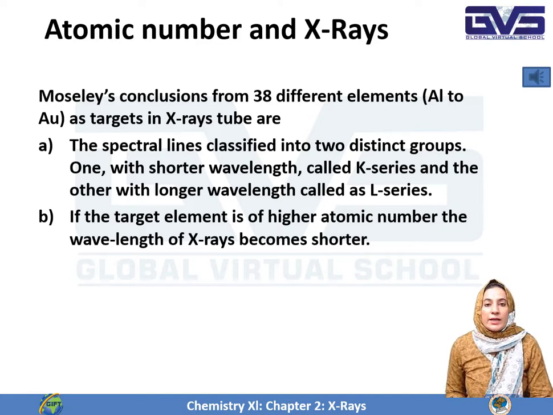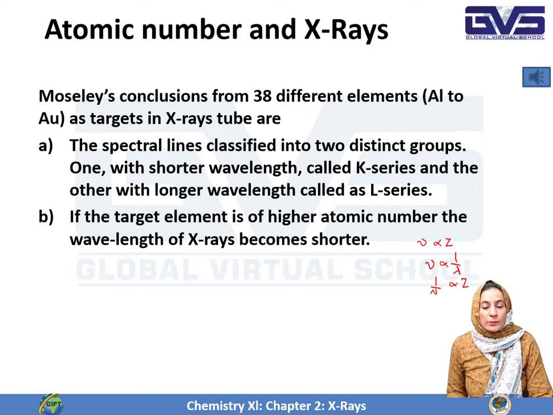If the target element is of higher atomic number, the wavelength of the X-rays becomes shorter. You know, frequency is proportional to atomic number, and we know frequency is inversely proportional to wavelength. It means wavelength and atomic number are inversely proportional.